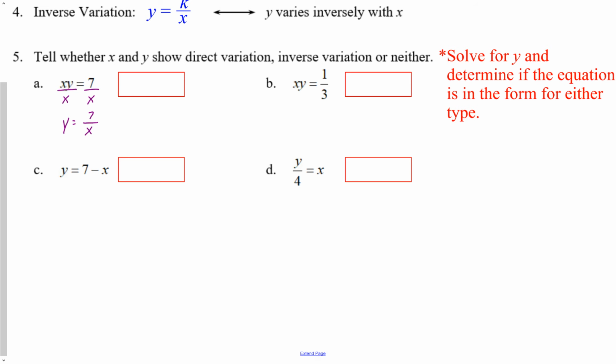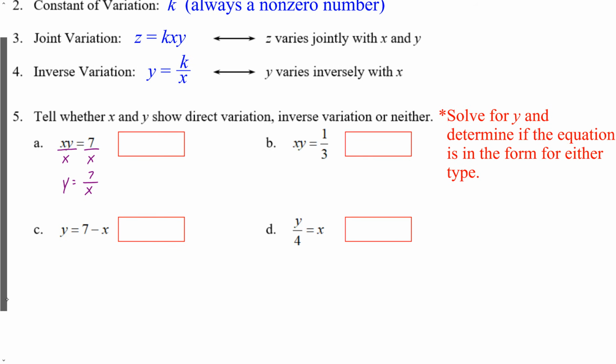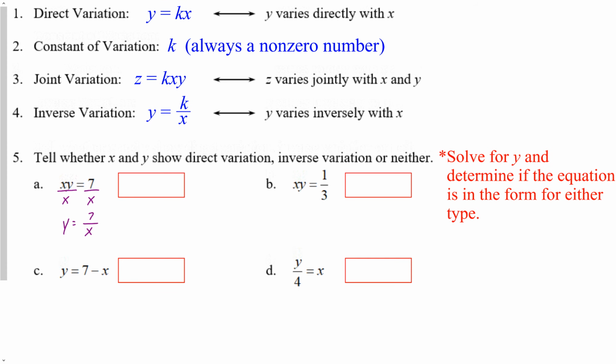So now we are looking at, does that equation look like direct variation? Does it take the form y equals k times x? Does it look like inverse variation, y equals k divided by x? Or does it look like neither of those options? Well, in this case, this would be an example of inverse variation where 7 will just have taken the place of that constant of variation k.